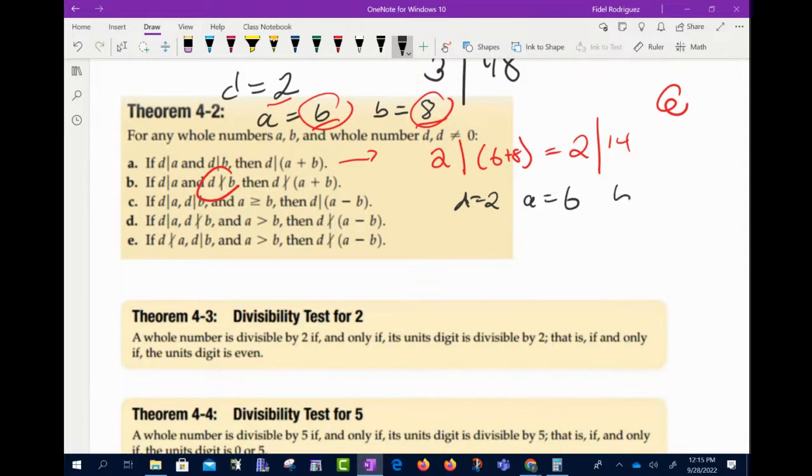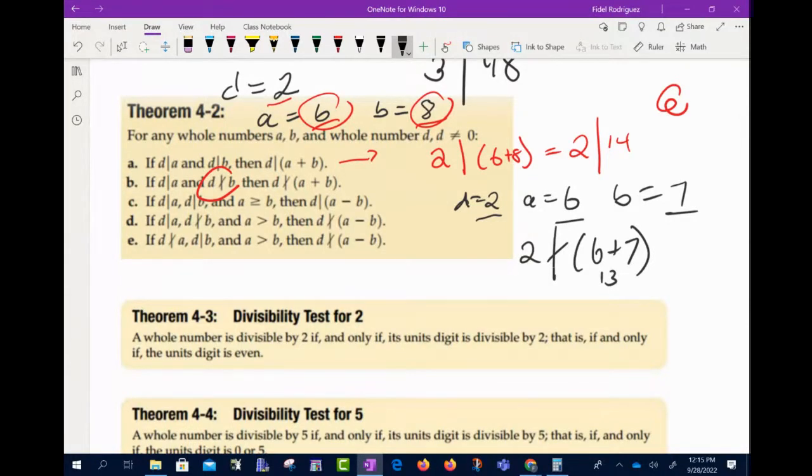And now I need to come up with a number B that is not divisible by 2, like, say, 7. So notice 2 does go into 6, but 2 doesn't go into 7. All this is telling me is that 2 will not divide 6 plus 7 because 6 plus 7 is going to give me 13 and 2 doesn't divide that out. That's all that piece there is telling me.